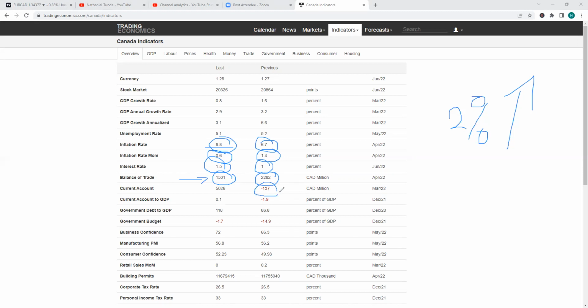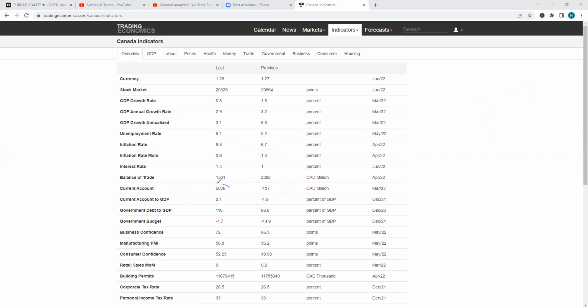Current account minus 137 to 5,026. These two indicators, they are powerful. So because of this alone, it must be very, very strong.